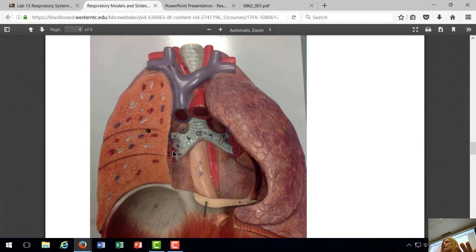Hilar mass. So where was it? In the middle, yeah. But if I didn't know my anatomy and physiology, I would have read that and thought, I don't know what hilar mass means, so I wouldn't be able to answer that question, right? But because I know where the hilum is, and I know the word hilar refers to hilum, I could help that patient understand where her mass was. So: apex, hilum, the middle portion where the airways and blood vessels enter and exit, and then the base.